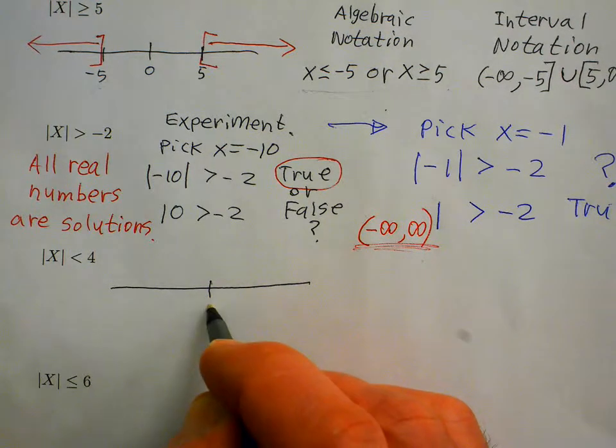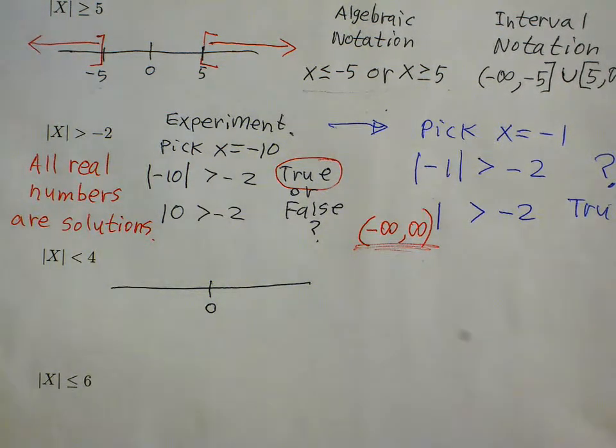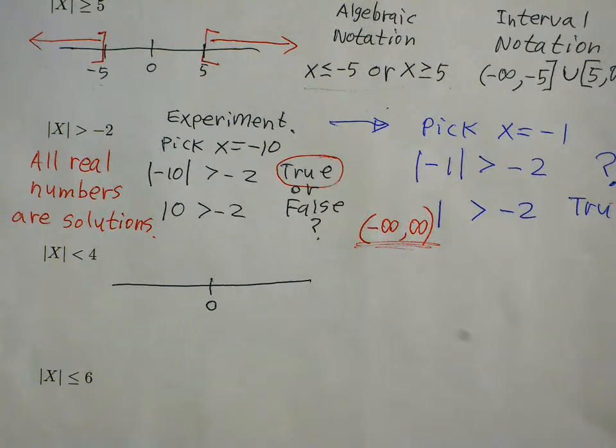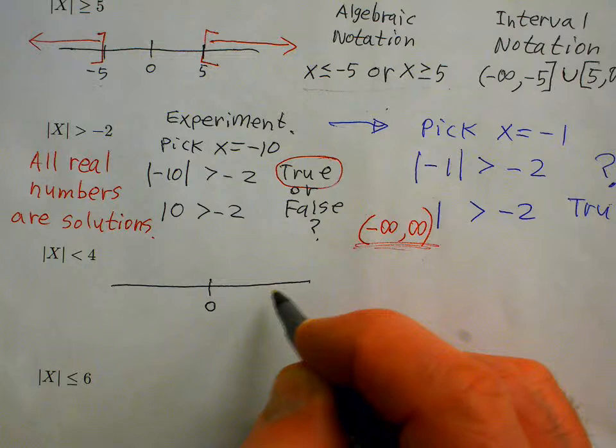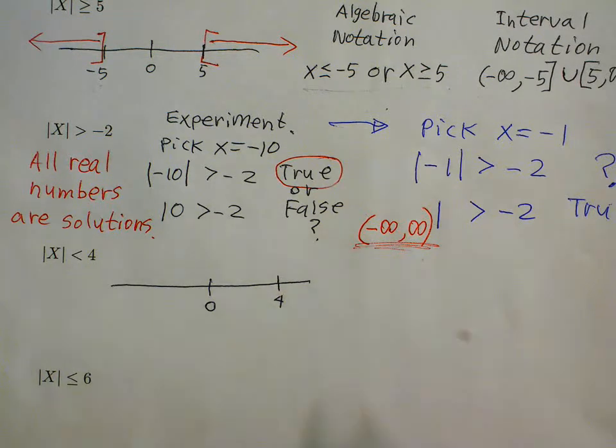Well, we'll draw the number line and put 0 there. Okay, I'll plot the number 4 to start with. On my graph so far, can you see where some of the numbers are whose distance from 0 is less than 4?